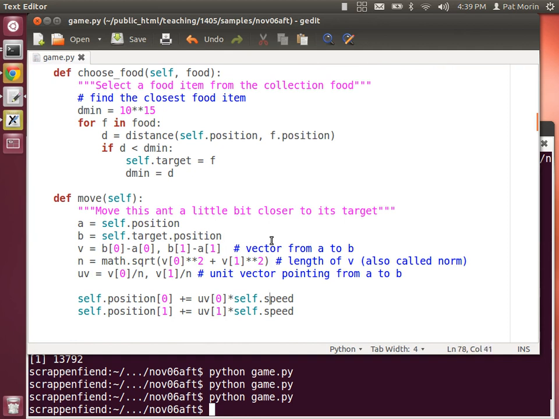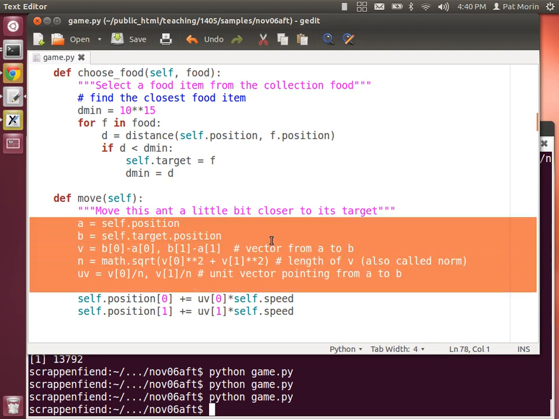So let's try the easiest thing first. Let's do something really easy first that won't affect anything. So you've pointed out that actually when our ant chooses its food, we already know which direction it's traveling in.